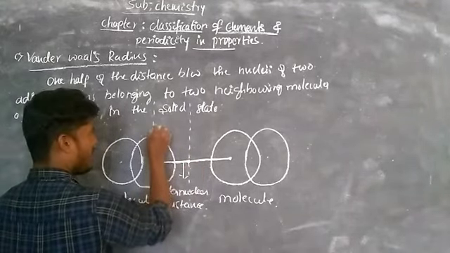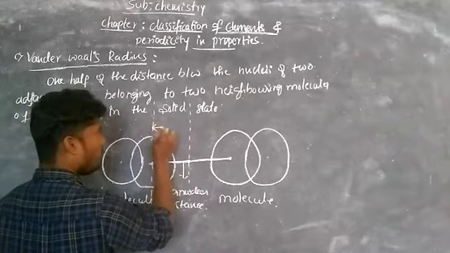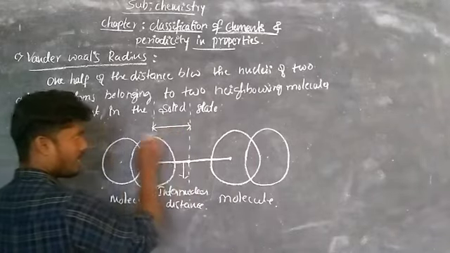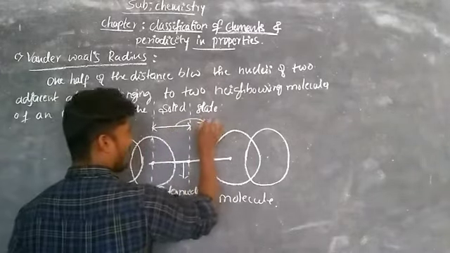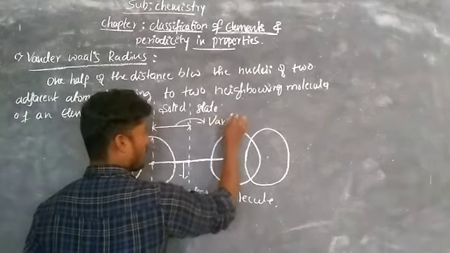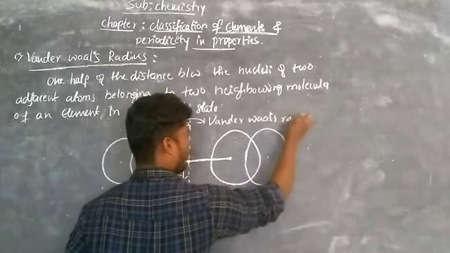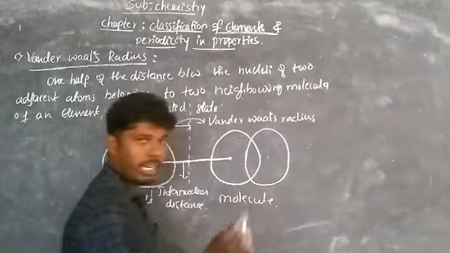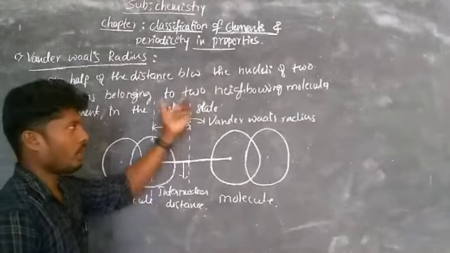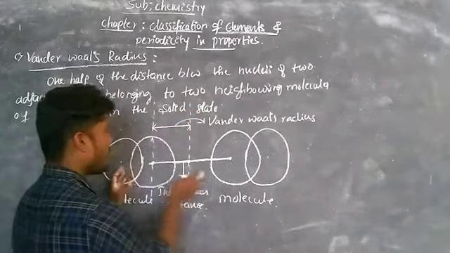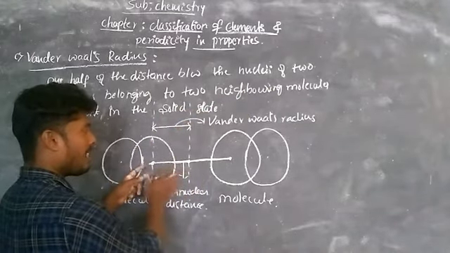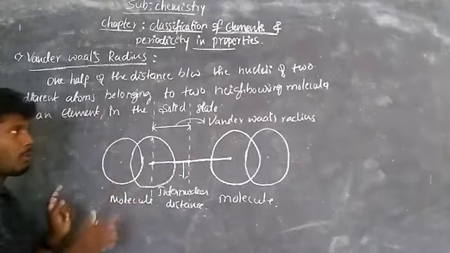This distance from here to here is called the Van der Waals radius. This is seen only in the solid state of two neighboring molecules which are bonded, adjacent to the two atoms in a molecule.